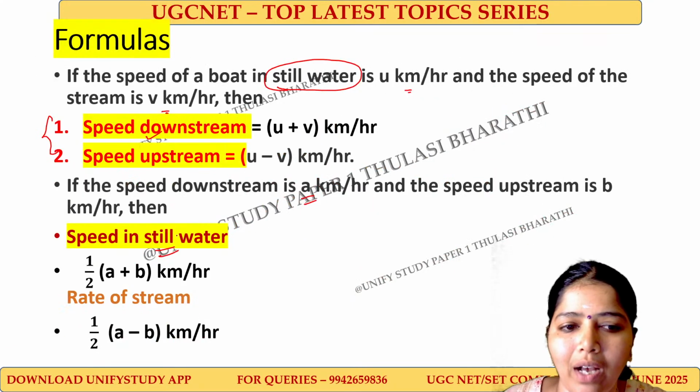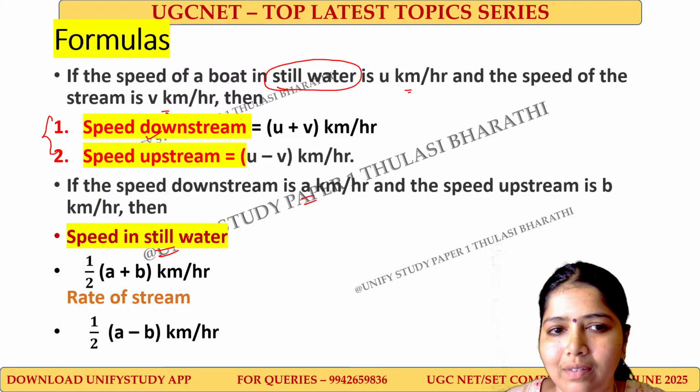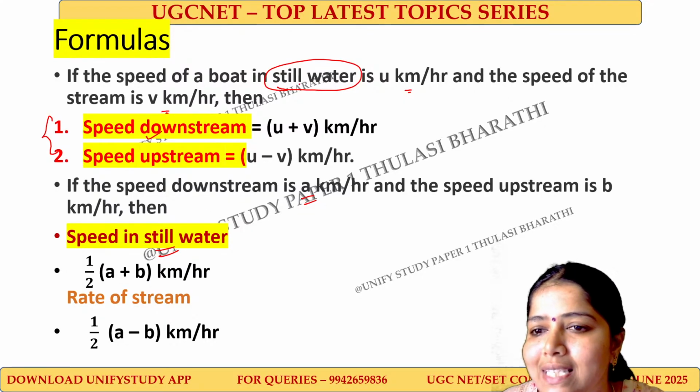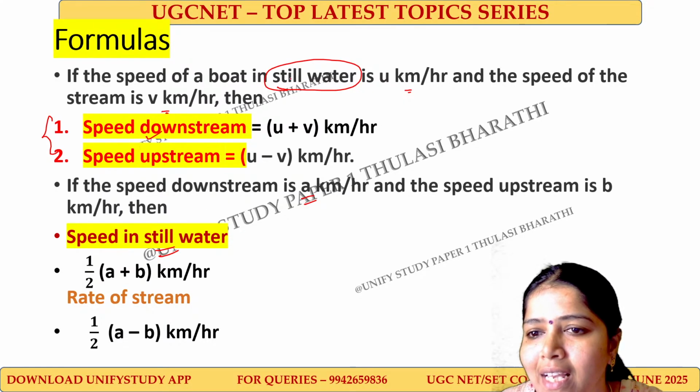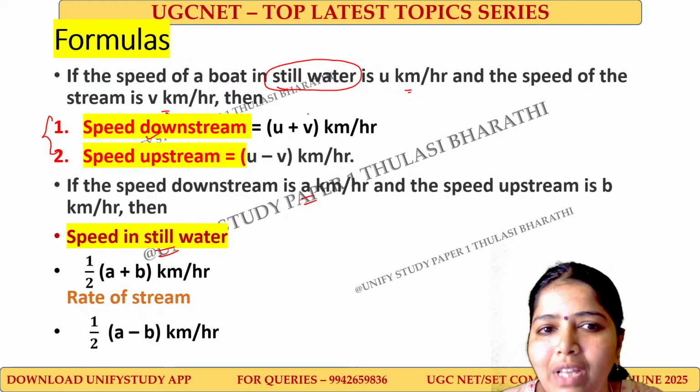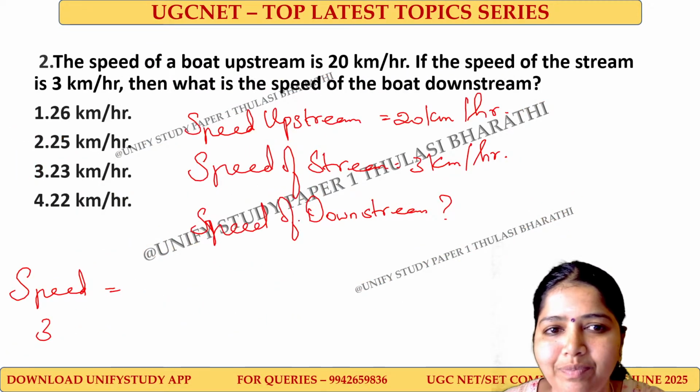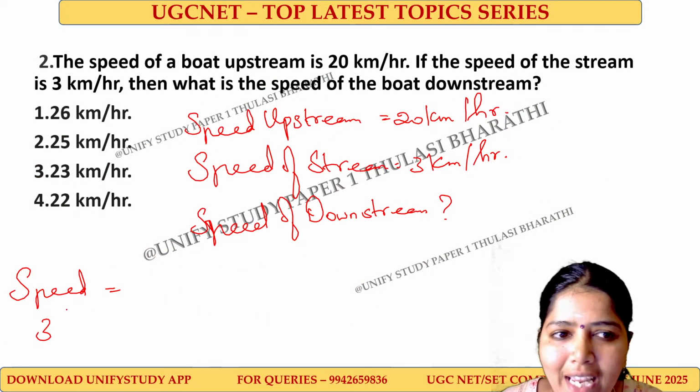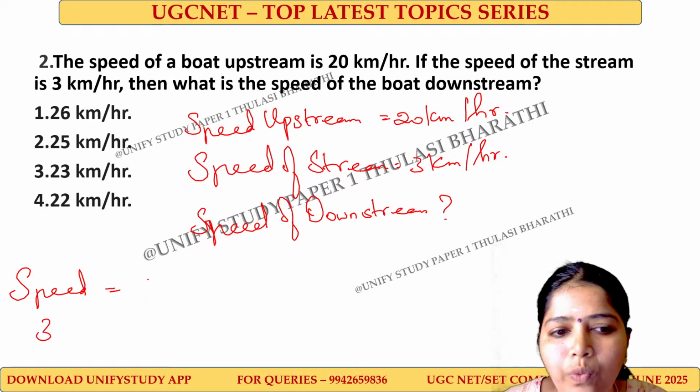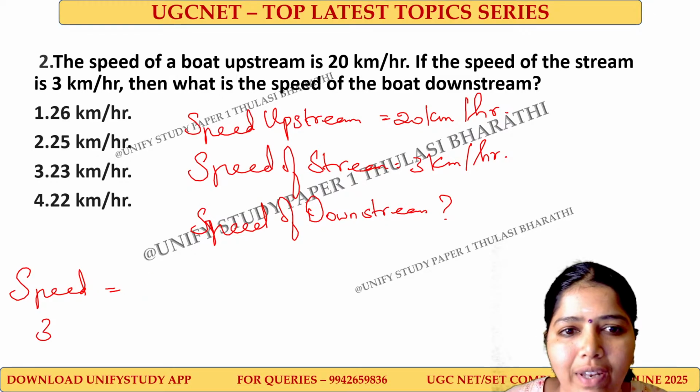See here the formula. Speed of the boat in still water is given here, right? So that is 3. Now they have given the upstream, that is 20.